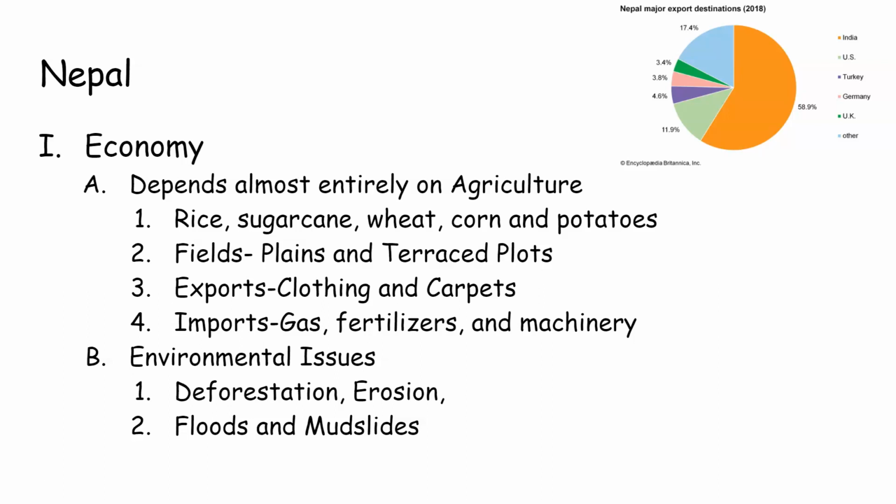And so these two have unfortunately been quite devastating to this region. To a lesser degree, earthquakes, but certainly these two have been natural disasters that have greatly affected the people of Nepal.